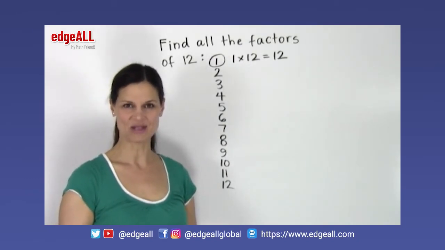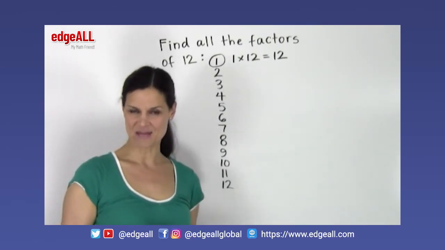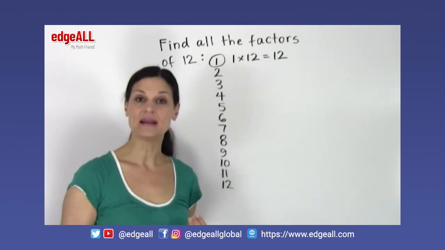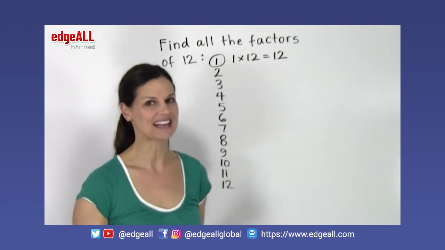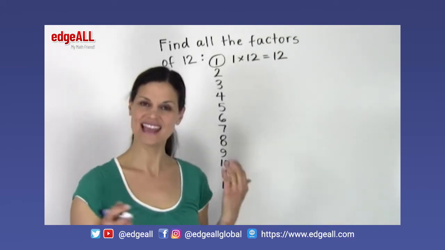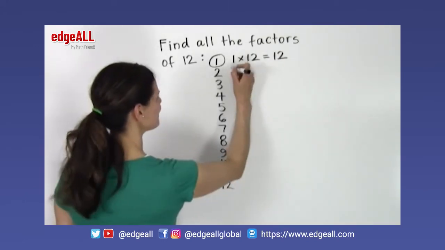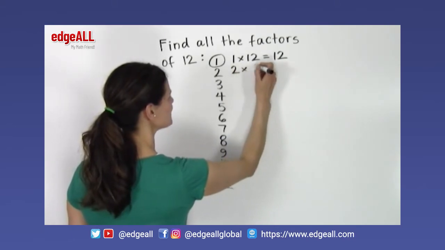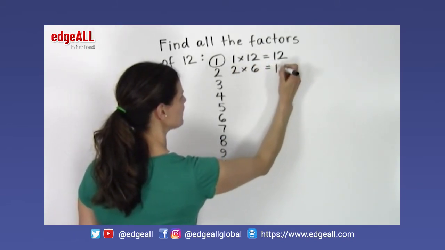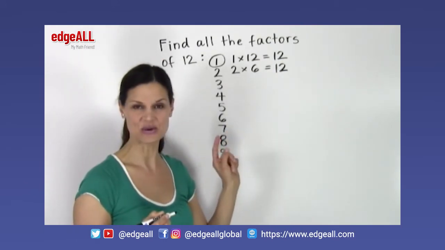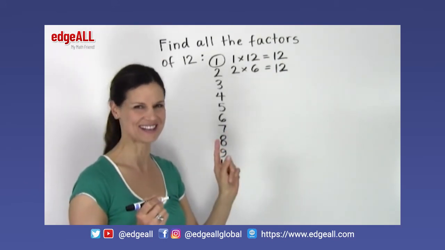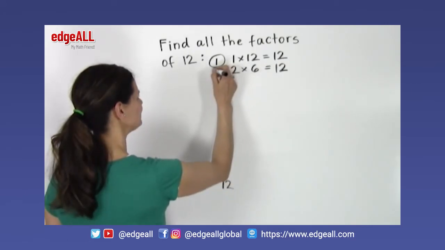Let's look at the number 2. Is there a whole number that I can multiply by 2 that will give me a product equal to 12? Yes, there is. I can multiply 2 times 6 to give me the product of 12. So that tells me that 2 is a factor of 12.